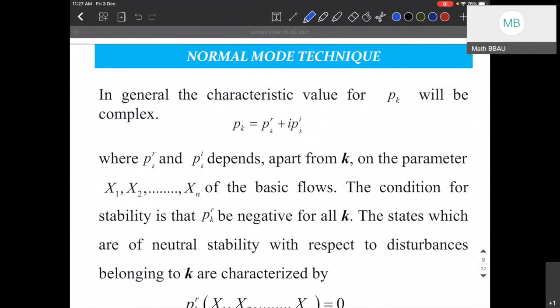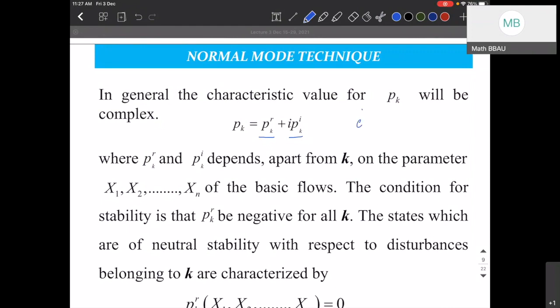After solving those ordinary differential equations, we will get an expression in terms of p_k. This p_k is an eigenvalue, and its real part must be negative if you are looking for stability. See, p_k can be written as p_kr plus i p_ki.